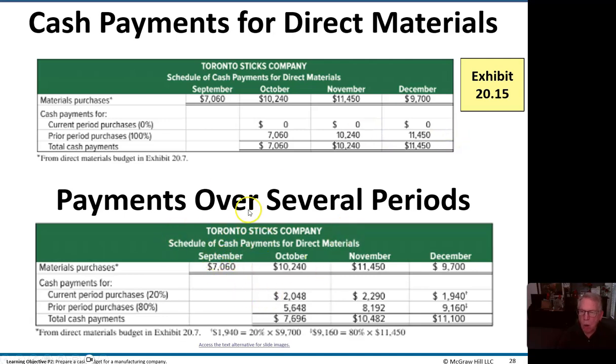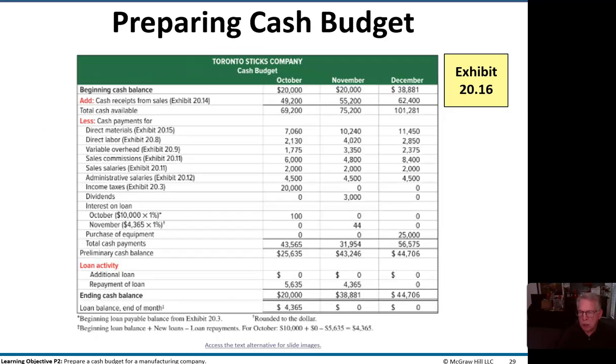Over several periods, we have cash payments for current period purchases, perhaps, and then 80% would be prior period purchases. That shows you a schedule of cash payments for direct materials over several periods, which is usually the case.